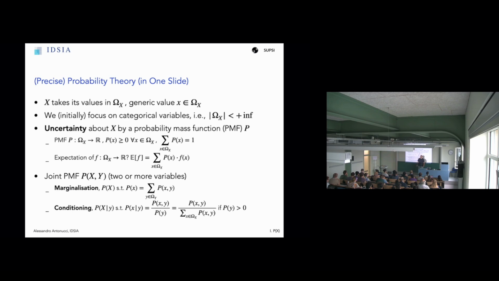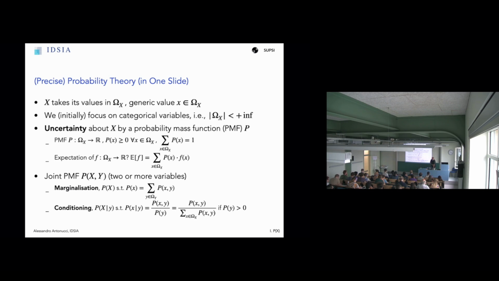We can consider a joint setting with 2 or more variables and define a joint probability mass function. There's really nothing more than that. So if I have a joint probability mass function, I can do an operation which is called marginalization. So I can just sum out the variables I'm not interested in. So I take the joint, and I'm interested only in x, so I sum out y. This is the marginal knowledge I can obtain from a joint distribution.